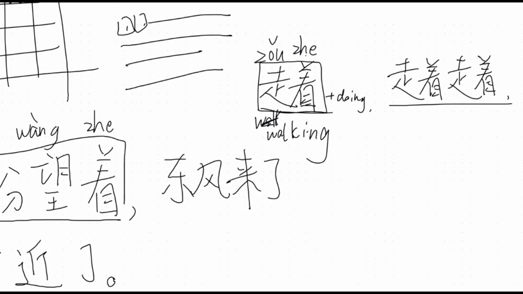We write it again. I'm walking. I'm walking. So it still means walking, but it emphasizes that I was walking or I am walking at that moment. Okay.